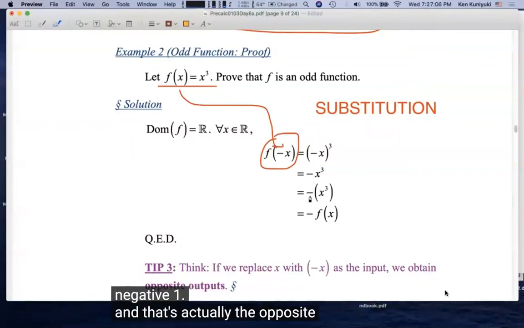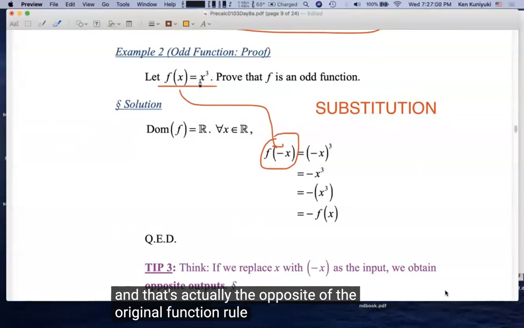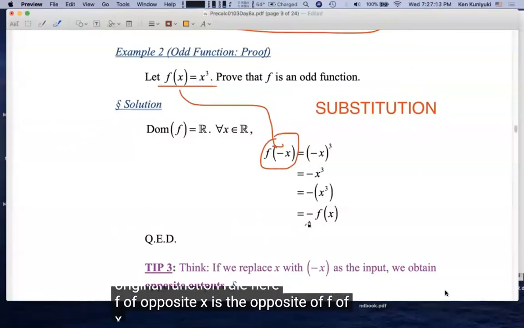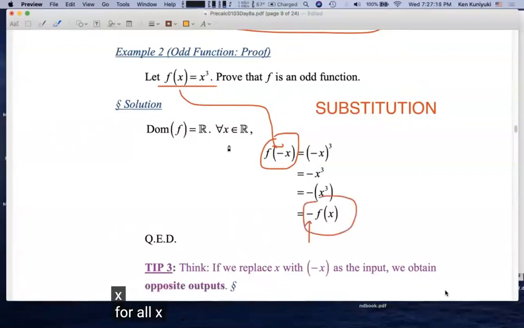And that's actually the opposite of the original function rule here. F of opposite x is the opposite of f of x for all x in the reals, the domain.